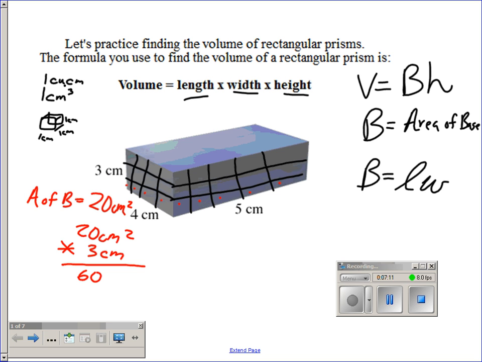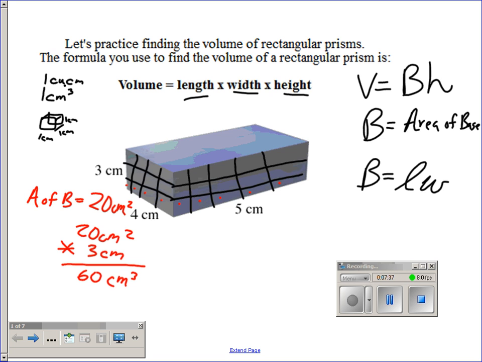Centimeters cubed. It is. It's centimeters cubed. Because remember, repeated multiplication means that we're talking about exponents. So we have centimeters cubed. Everybody okay with that?